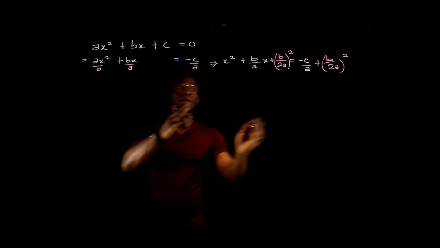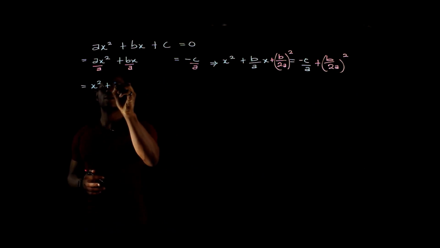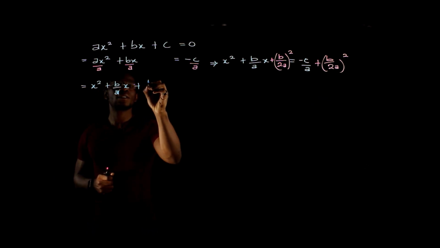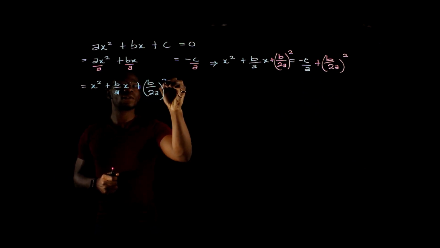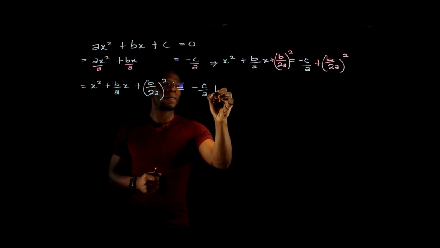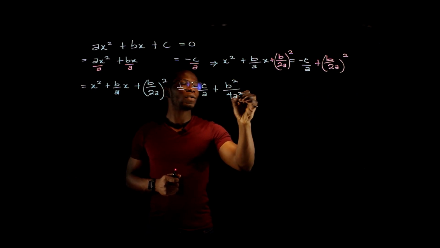So our equation becomes x squared plus b over a x plus b over 2a squared equals minus c over a plus b squared over 4a squared.